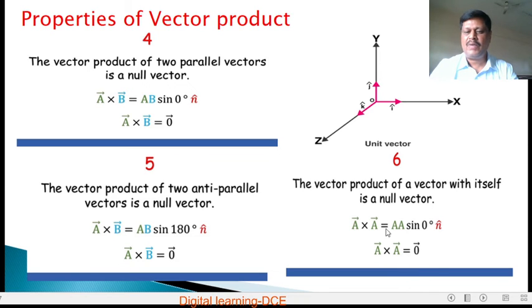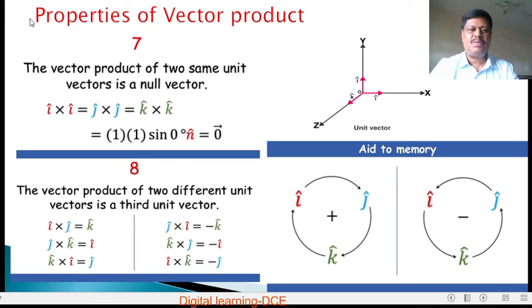The seventh property is that the vector product of two same unit vectors is a null vector. That is, i cross i is equal to j cross j is equal to k cross k. The magnitude of a unit vector is 1, so 1 into 1.